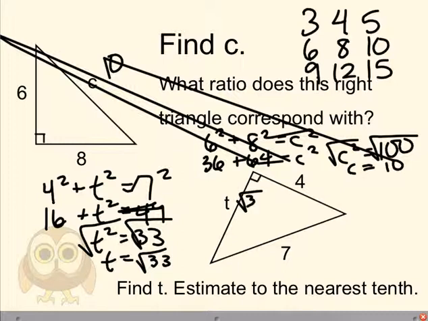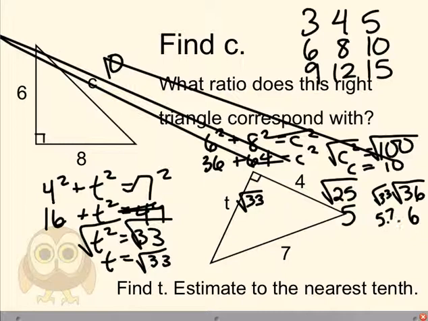But if I want to estimate this to the nearest tenth, I would say, well, which number is it closest to? The square root of 33 is definitely between the square root of 25 and the square root of 36, giving us perfect numbers of 5 and 6. And it's closer to 6, which means maybe I'm looking for something like 5.7 or 5.8, maybe even 5.9.